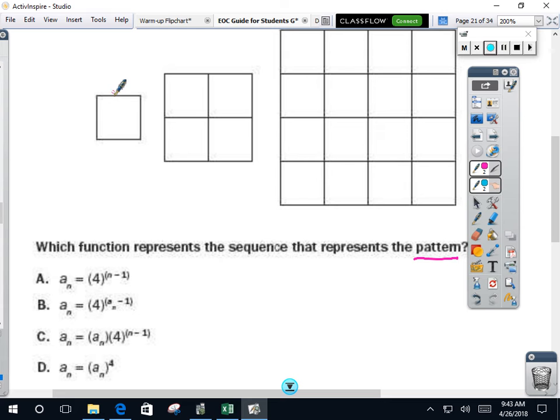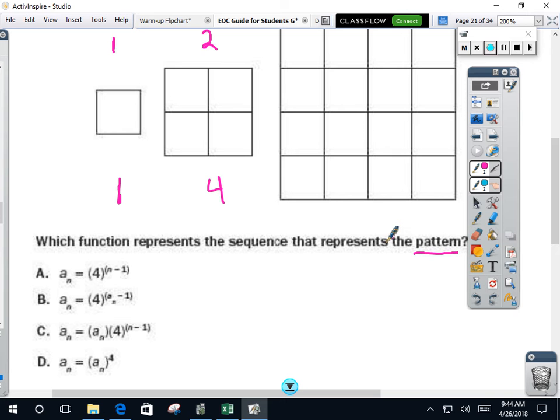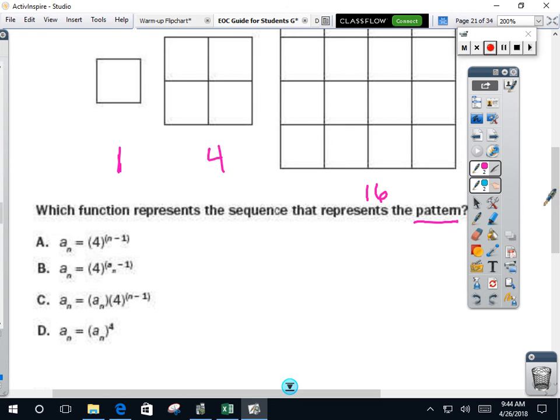How many squares are in the first thing? 1. How many are in the second thing? And how many are in this third thing? 16. Yeah, look. 4, 8, 12, 16. So, what's the pattern? Multiply by 4. Okay, so any ideas which one's right?